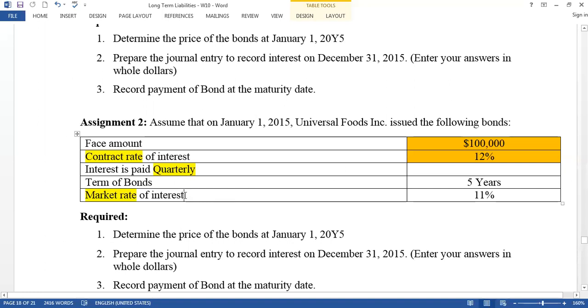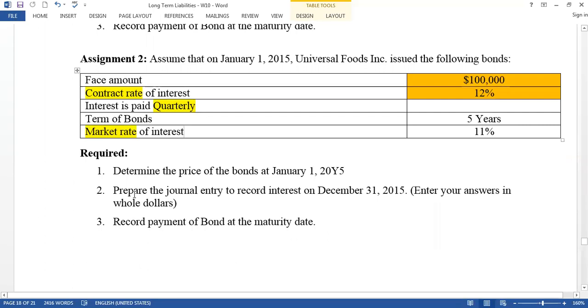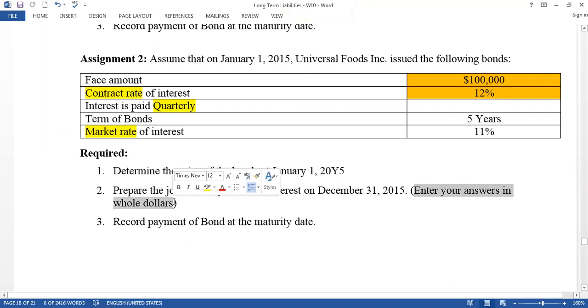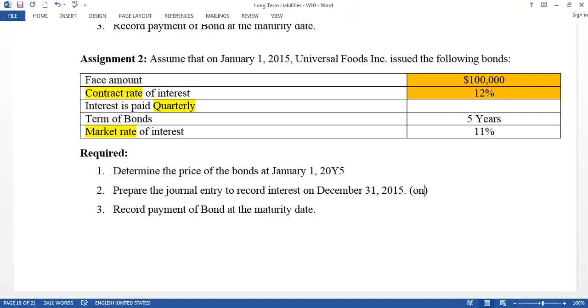So quarterly. Term of the bond 5 years. Interest rate is 11%. So I can ask you to prepare the journal entry on December 31st.